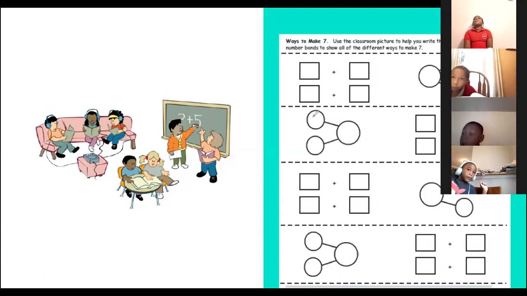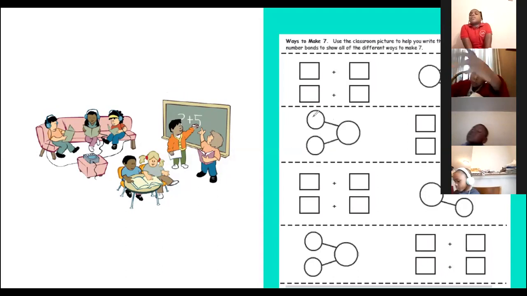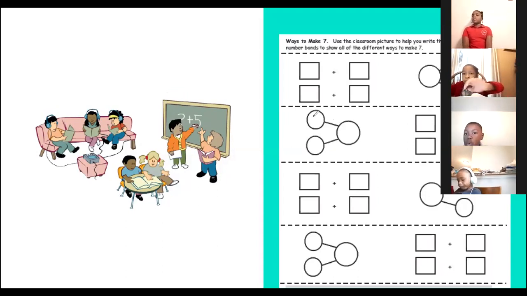Kinsley, stand up. So let's go ahead and help me out. Elijah, how many kids have on headphones? 3. Only 3. So Ms. Adams is gonna put the part right there, and I'm also gonna put in my number bond.